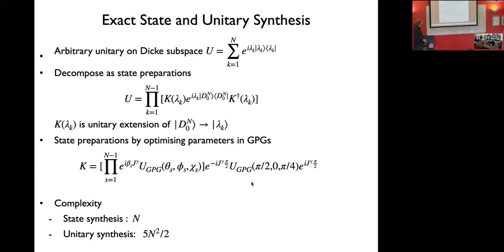The existence of this just follows because you have enough parameters to match the dimensionality of the target space. And then you can solve for the angles you need by an efficient search. So overall, this implies that the state synthesis problem using geometric phase gates has a complexity n, and the unitary synthesis problem has a complexity 5n squared over 2.